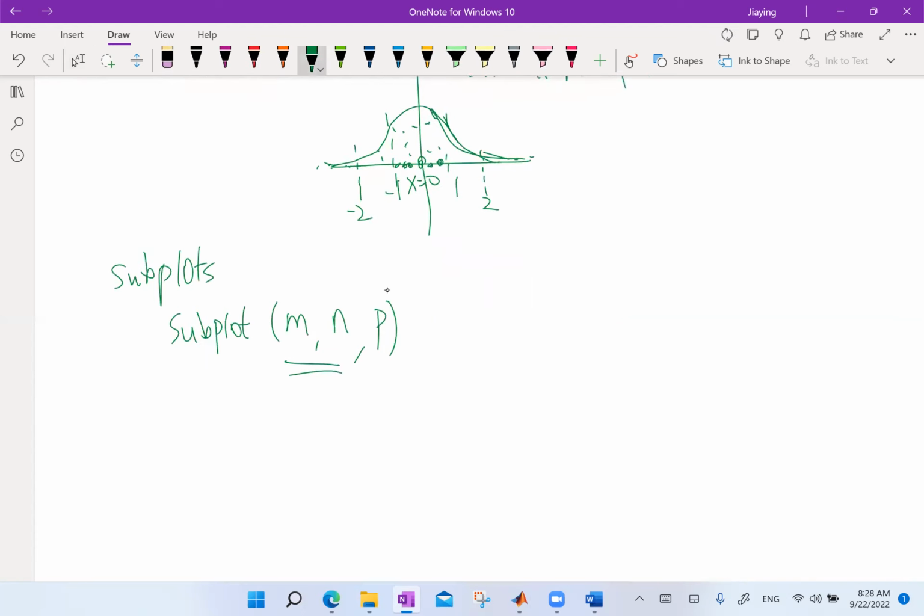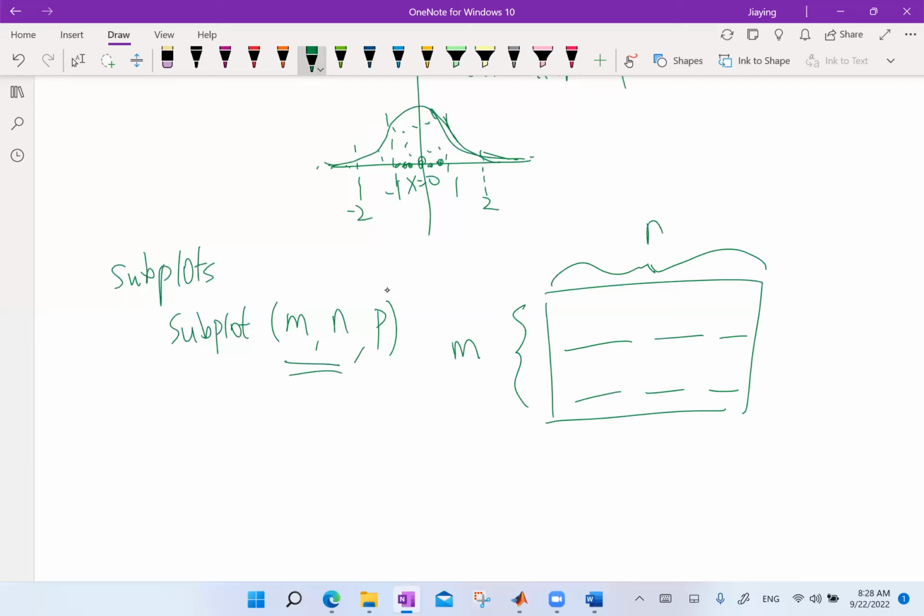So M and N give us how many rows of figures and how many columns. This is the M rows and this is the N columns.